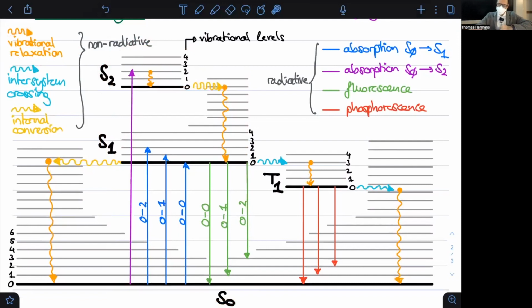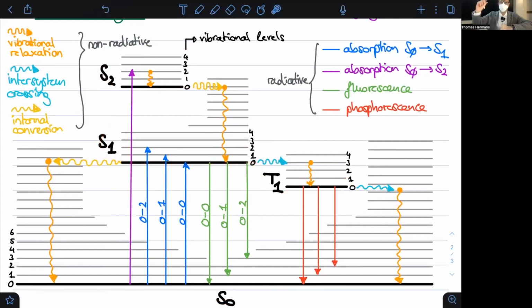Okay, then we have this third one, which is called intersystem crossing. So what is that? It's the same. It's a non-radiative process here and here. And that actually switches between states of different multiplicities, right? So from a singlet state, from S1, we go to T1.